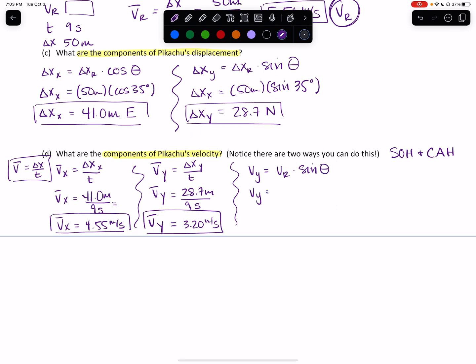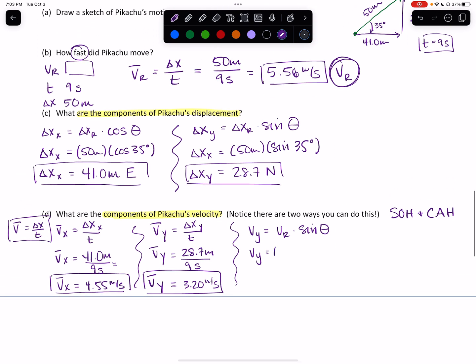So that vertical velocity is going to be equal to 5.56 meters per second times the sine of 35 degrees. We plug that into our calculator and we get, oh, how convenient, 3.20 meters per second. The same thing we got using the other calculation style.